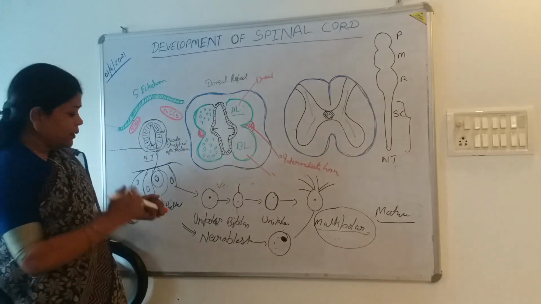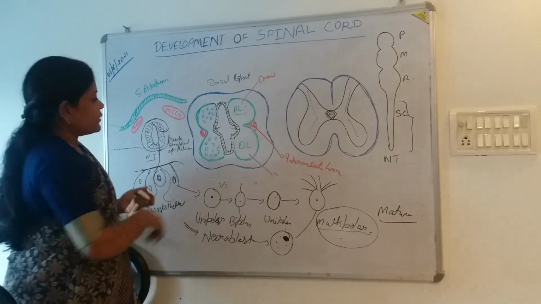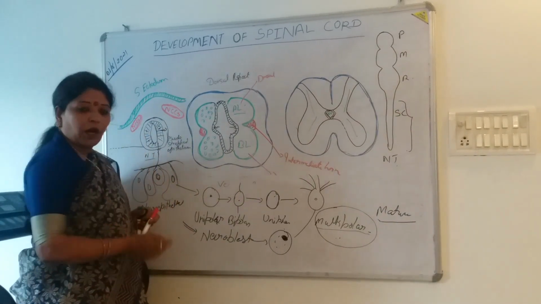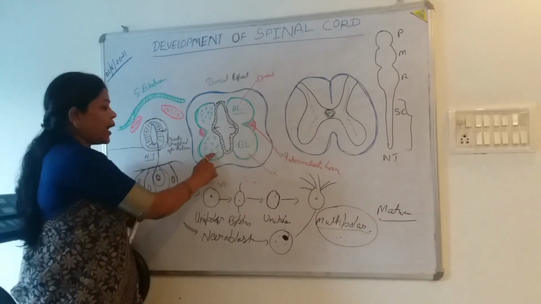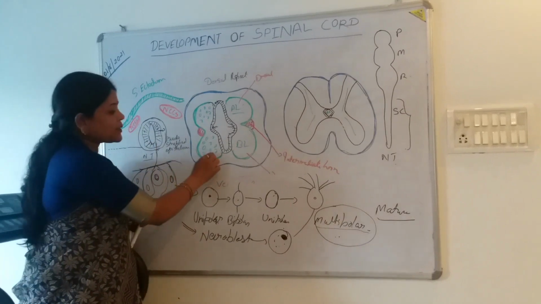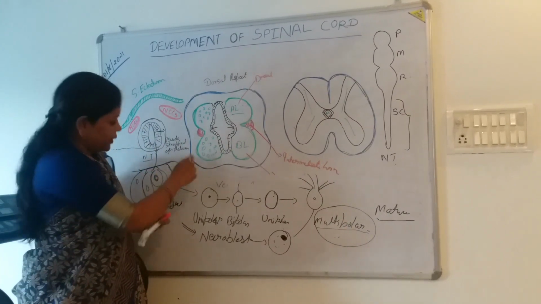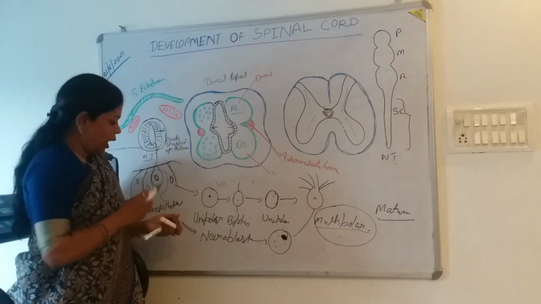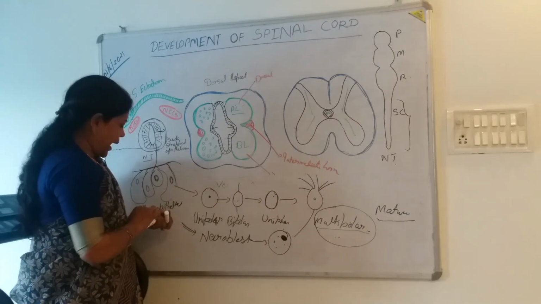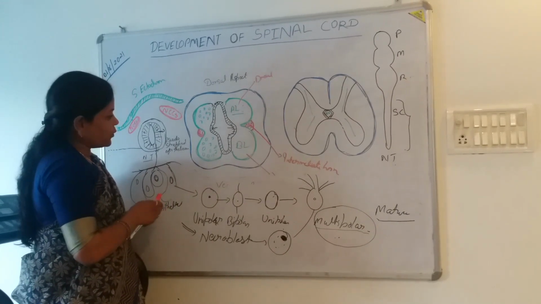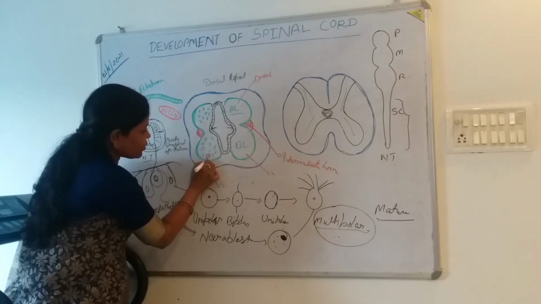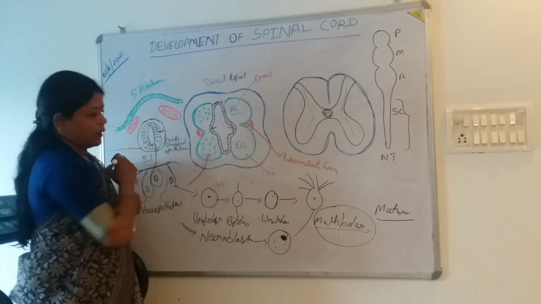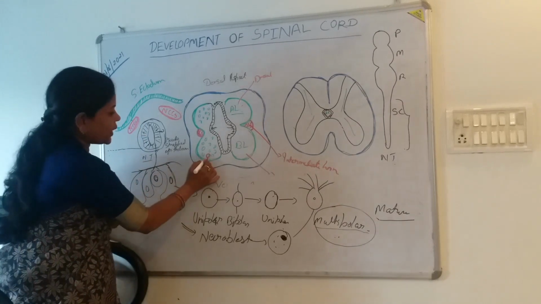Okay. Now, the multipolar neurons which are present here, these are the cell bodies, and the axons are coming out from them. Suppose this is a neuron here, and the axons are coming out. Look here. Okay.